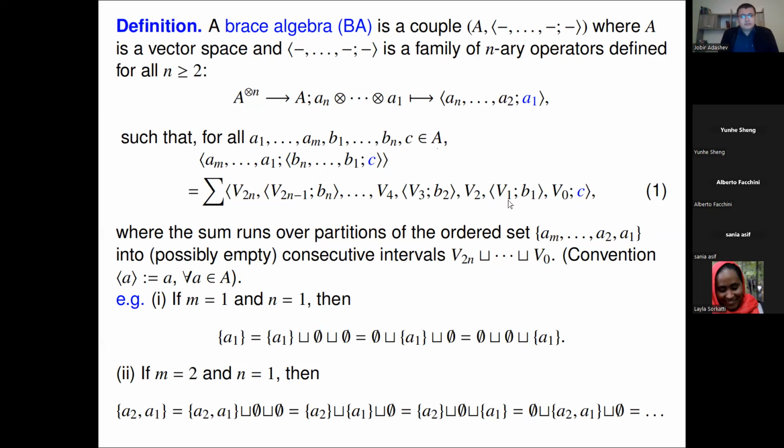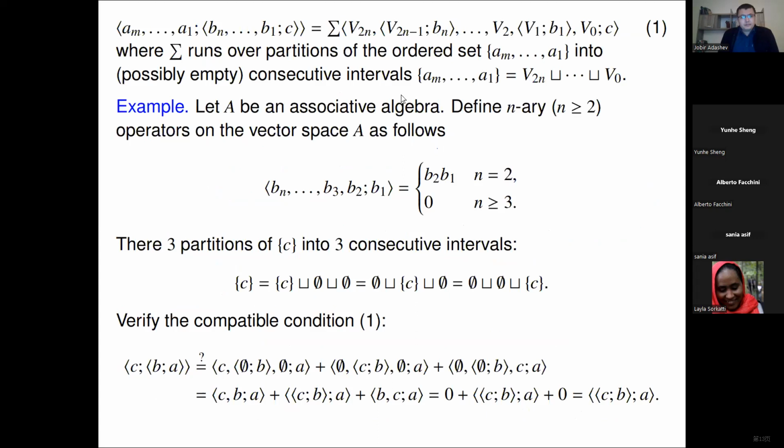If V1 has 2 elements, then this is a 3-level operator. And if V1 is the empty set, this part is just B1. I just copy the compatibility condition here, the equation 1.